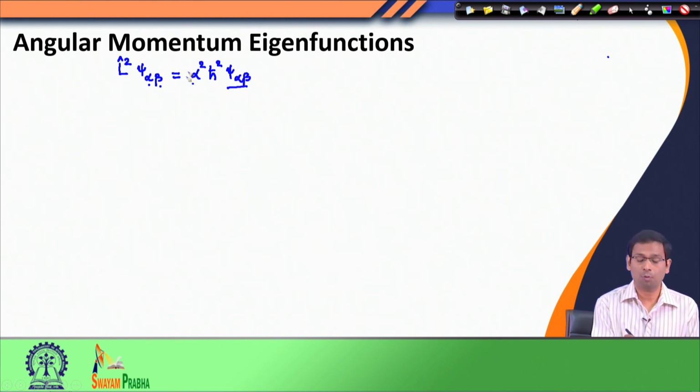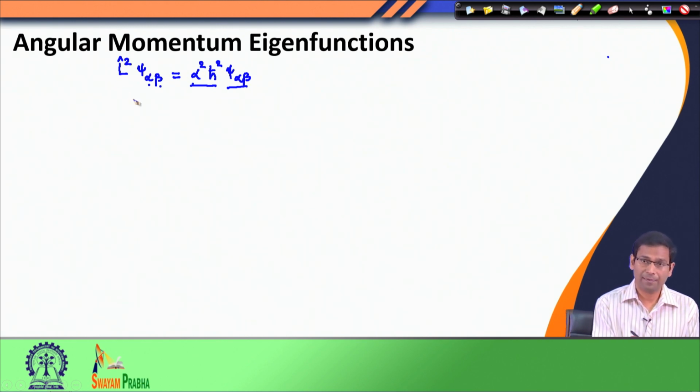You would be wondering, why did I choose this way of defining my eigenvalues? Mind you, I still do not know what alpha is, but if I look here at L square, you would see that the dimensionality of angular momentum matches that of the Planck's constant h.